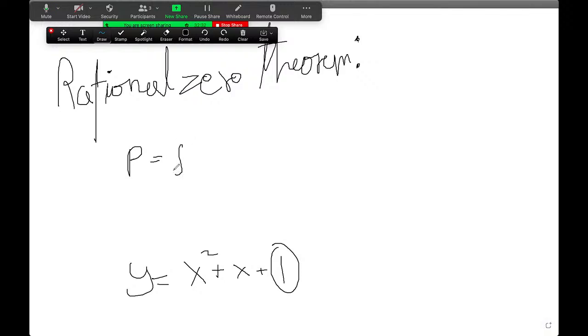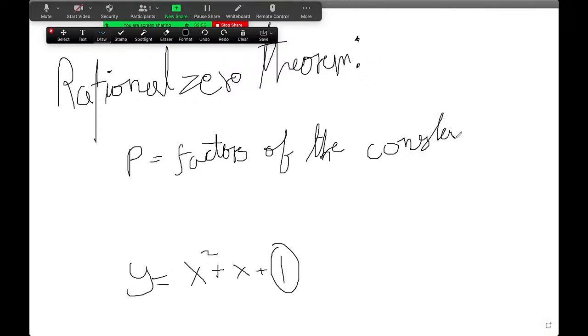So these are the factors of the constant.